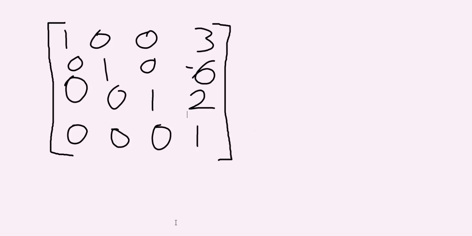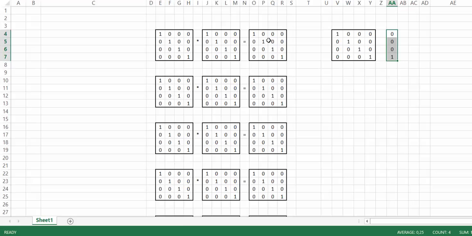And just to set it up, I have an Excel sheet here where we can fill in these things. Imagine that we start with an identity matrix, and then I'm going to add translation by 3, minus 6, 2.